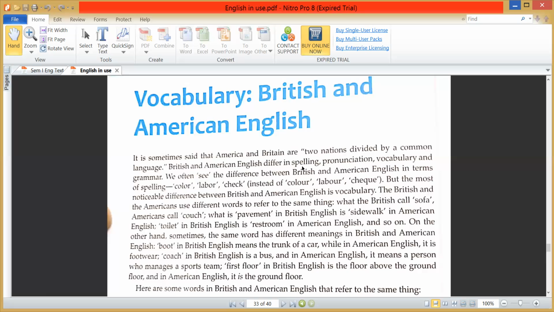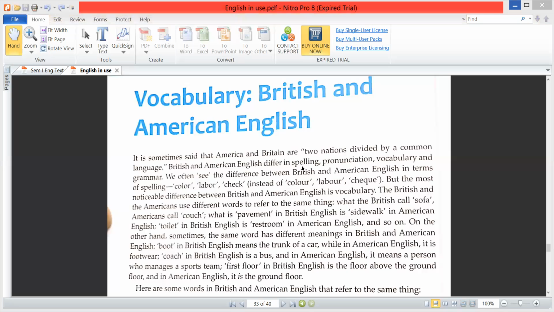Still, it is English, whether British or American. So this is what you are supposed to remember, and this was the brief history of how people of England got settled in America.